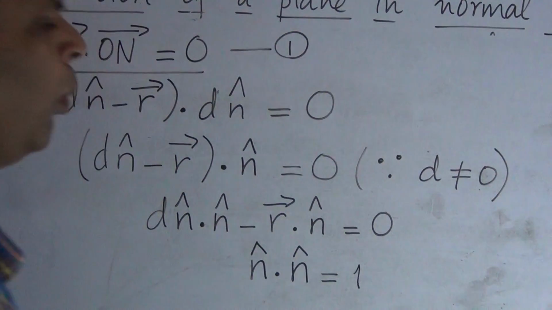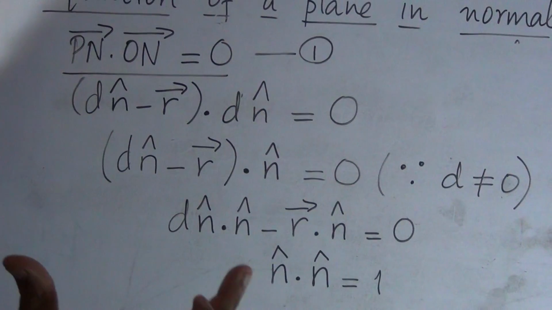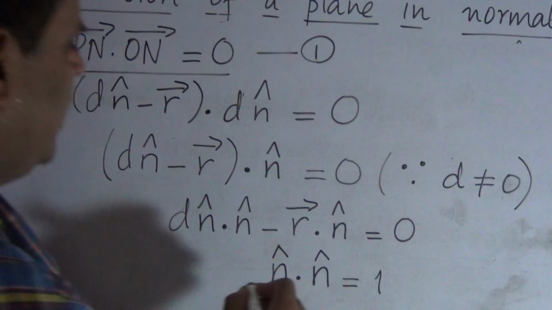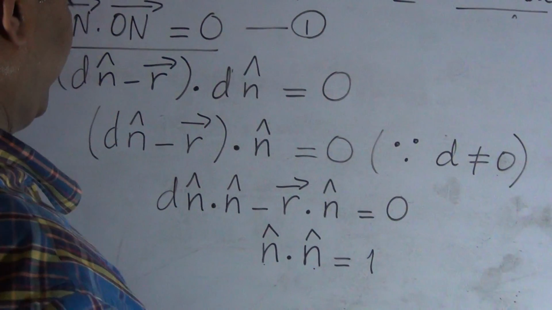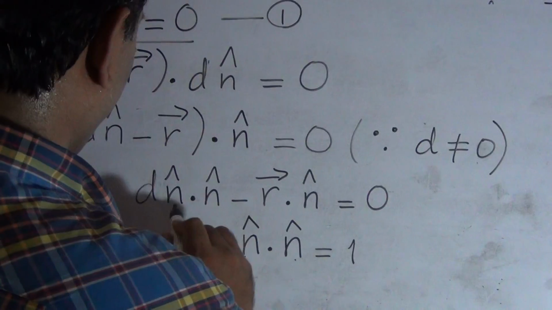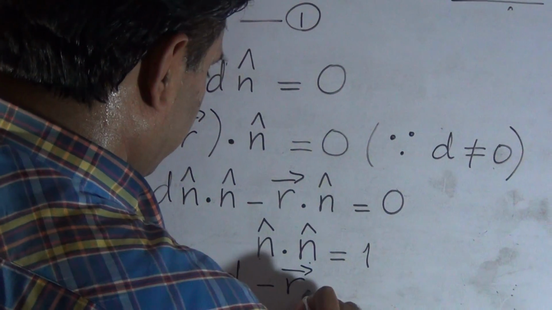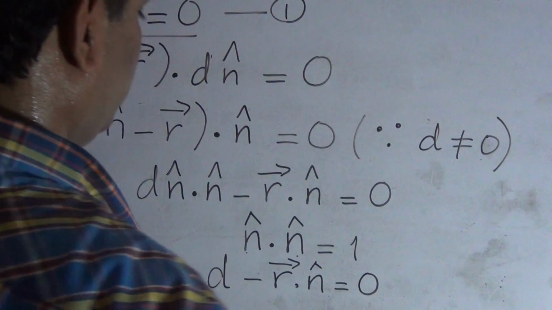I'll get 1, because the length of the unit vector is just 1. So d minus R dot n cap equals 0.